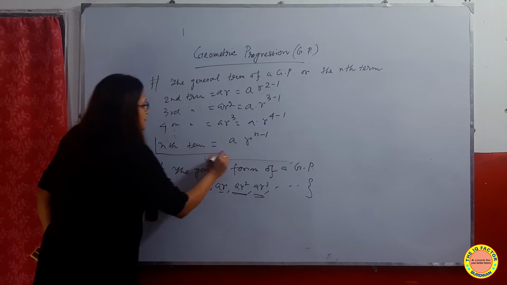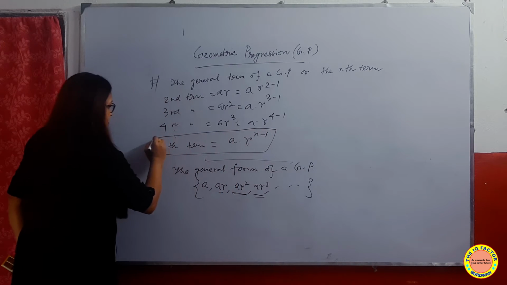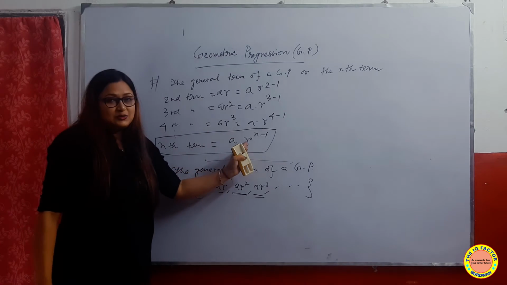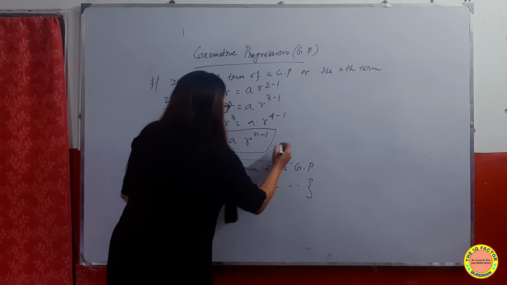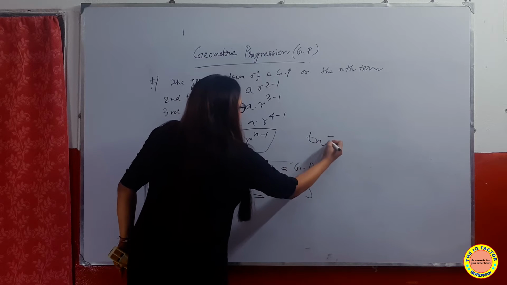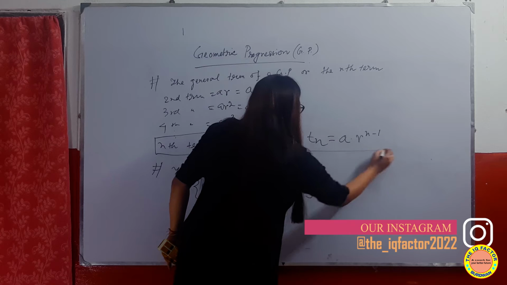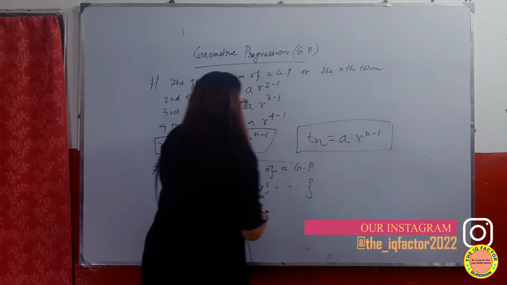So it is very important. The nth term of a GP is A into R to the power n minus 1, and we denote it by Tn. So Tn is A into R to the power n minus 1.